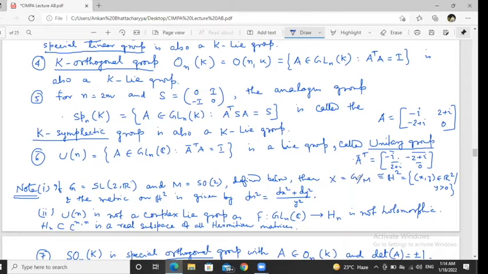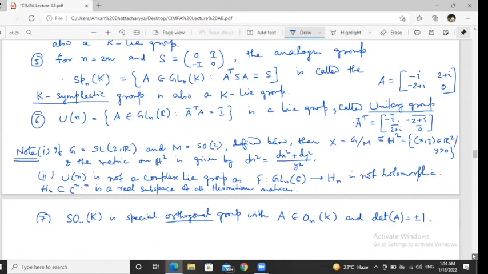Then the quotient space G quotient M is actually the two-dimensional hyperbolic space H2. Here G is SL(2,R) and M is SO(2).